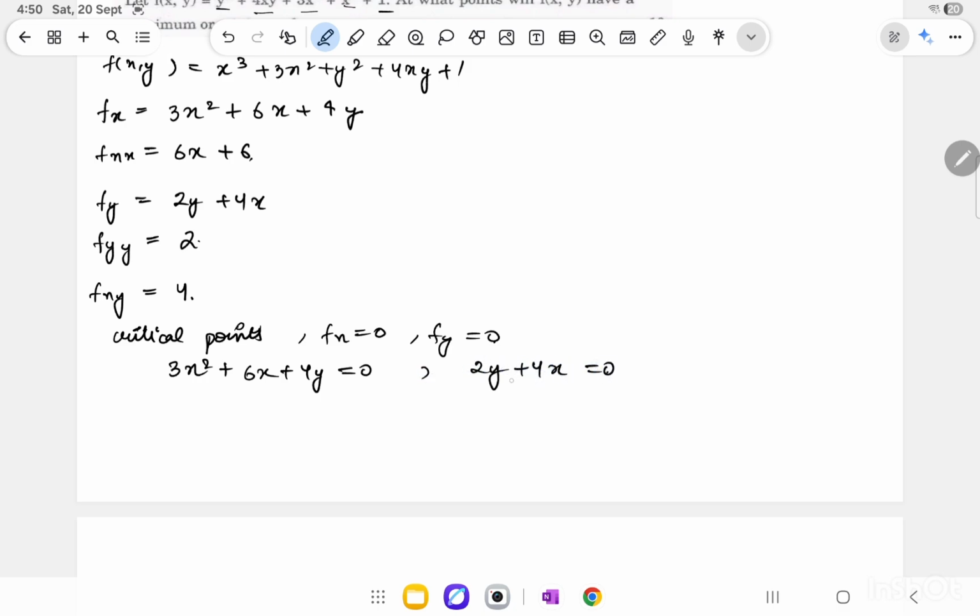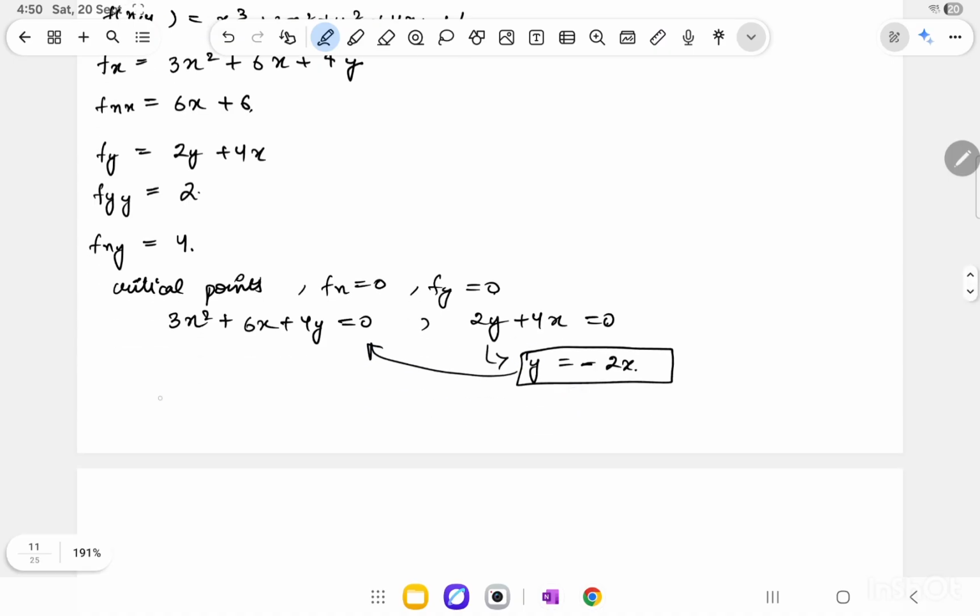So if I solve it from here, I'll get y equals negative of 2x. Now I can substitute this value of y here to solve it for x. So that basically gives me 3x square plus 6x plus 4 into negative of 2x equals 0. So from here I'll get 3x square plus 6x minus 8x equals 0.